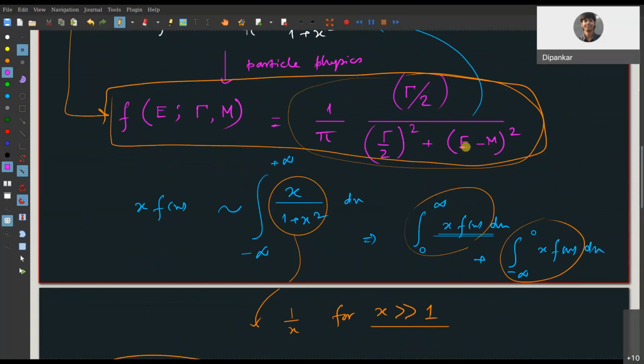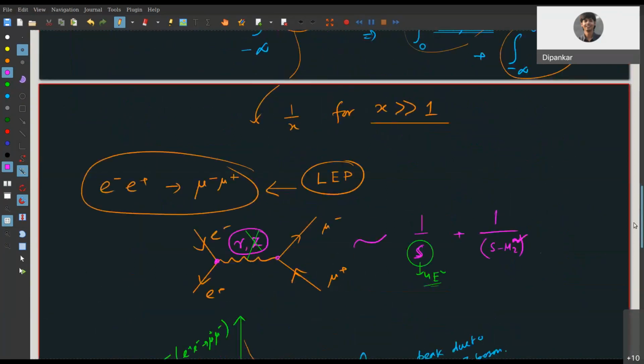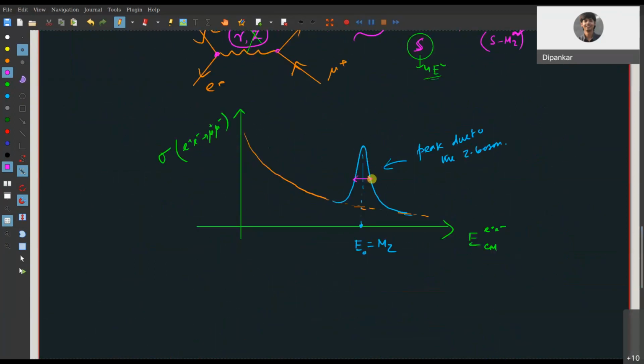How can I make it independent of gamma? Okay, I will figure it out. I am not getting it here, but if you move to a certain distance from E0 along this way or this way, the distribution function will fall off by a certain amount.